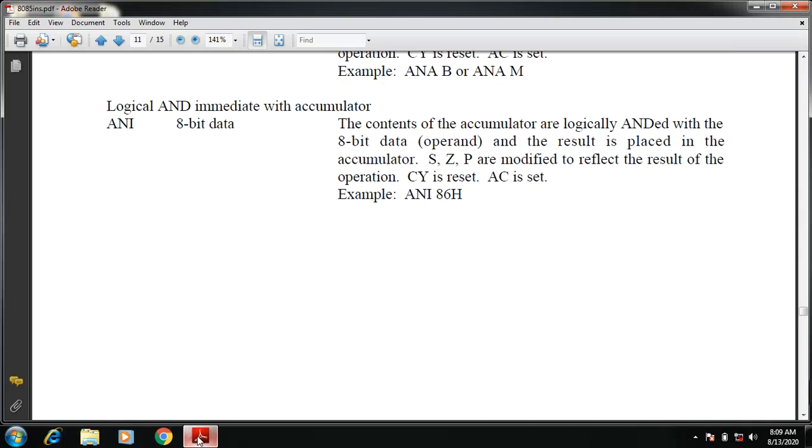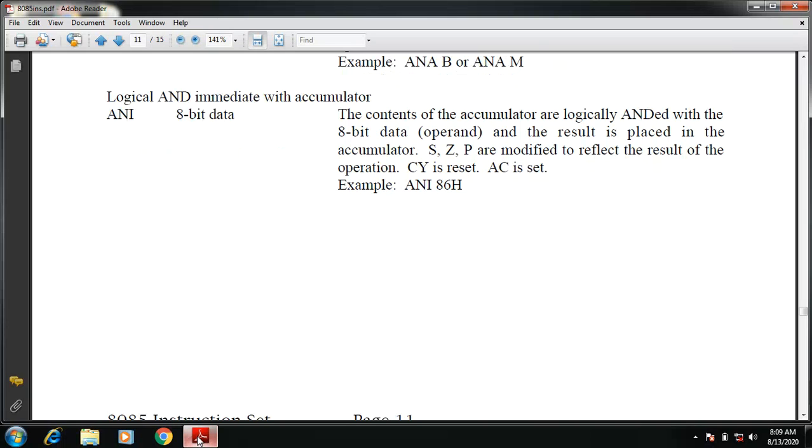The next one, ANI data, logical AND immediate with accumulator. Here the specified data is ANDed with the accumulator, and the result is stored in the accumulator.